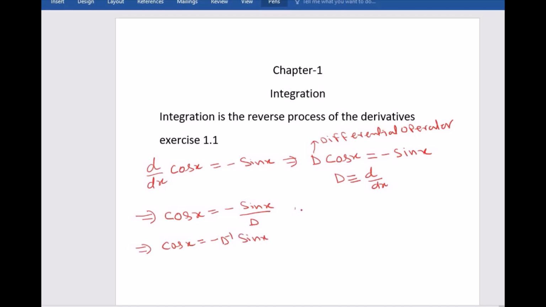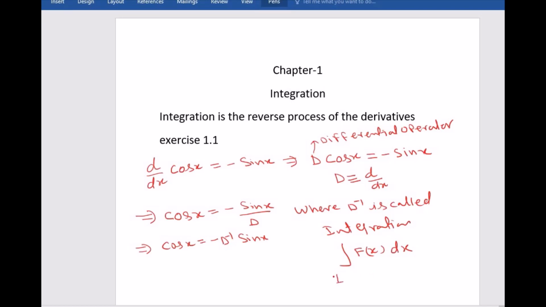This d inverse is called integration. It is denoted by this terminology. This is the integration sign, and you write f of x, a function, a term which you want to find the integration of, dx, and this is called the integration of the function f(x).